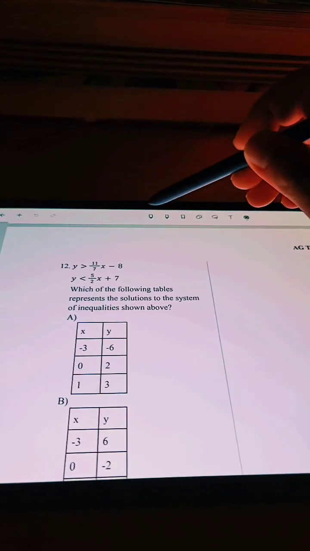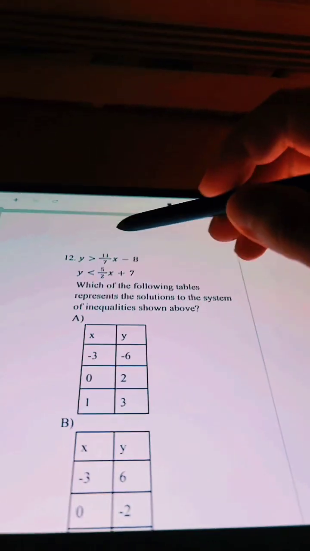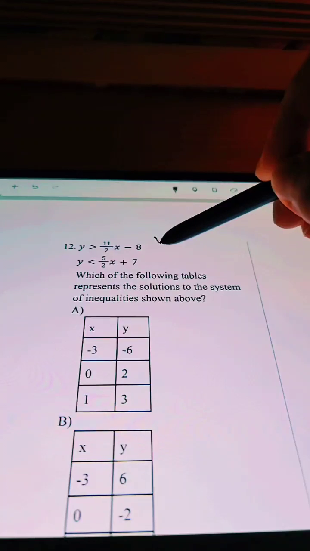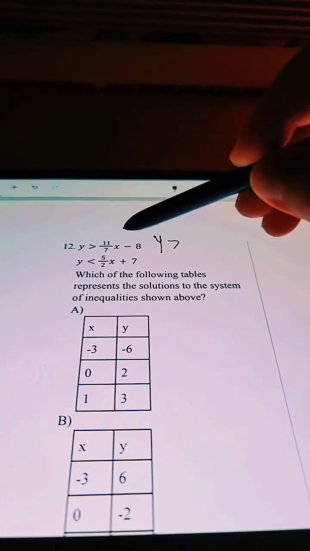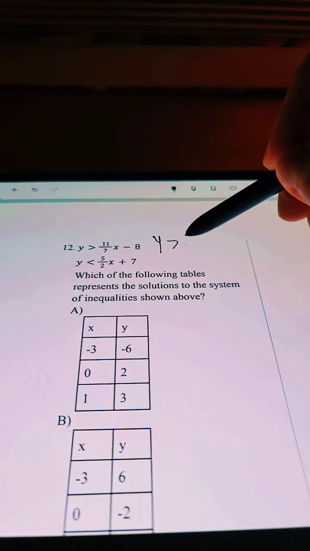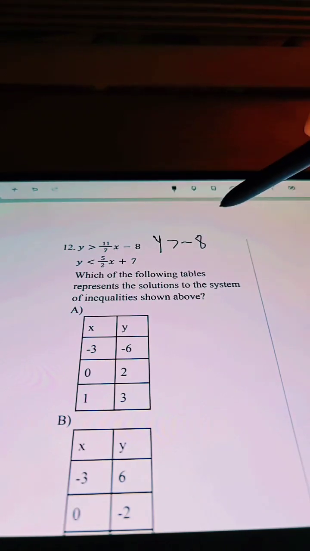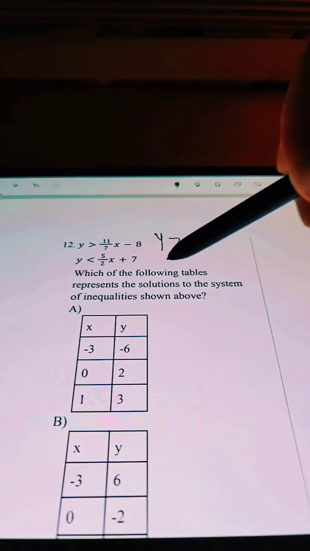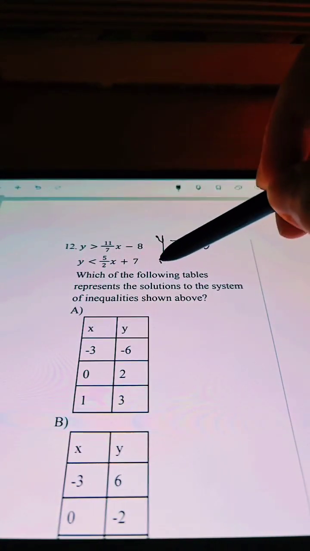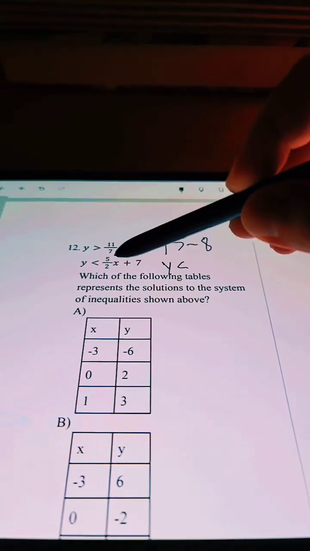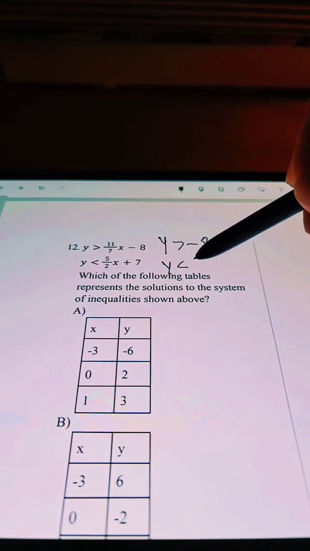So we're going to plug in 0 for our x for each of these. When I plug in 0 over here, 11/7 times 0 is just 0, so y has to be greater than -8. And when I plug in 0 for x there, y has to be less than 5/2 times 0, which is 0, so y has to be less than 7.